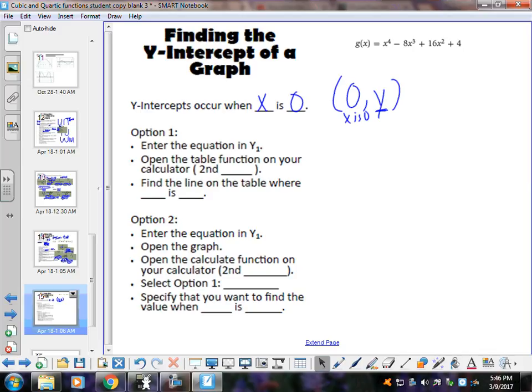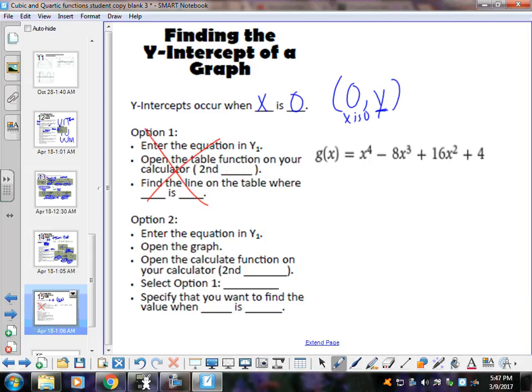I'm going to put this function, so write this function down. This function's going in your calculator. Again, you're going to do second trace. Find the line on the table where, no, I'm not going to do this one, sorry. I forgot. I don't like option 1, so just mark it out.